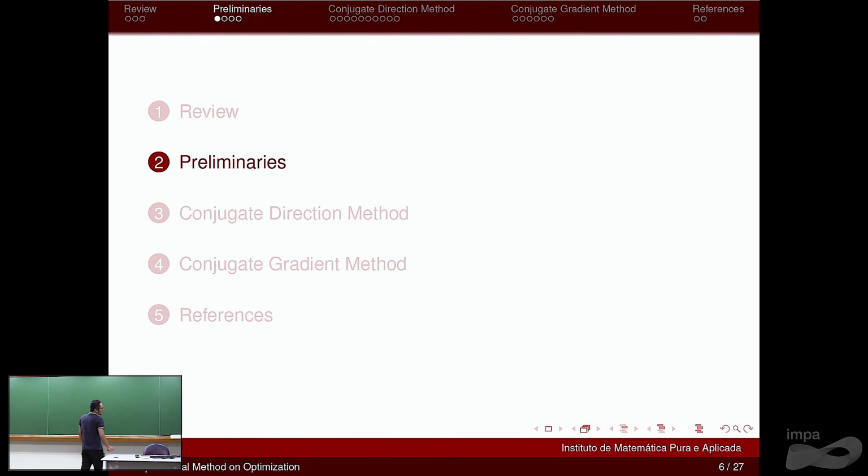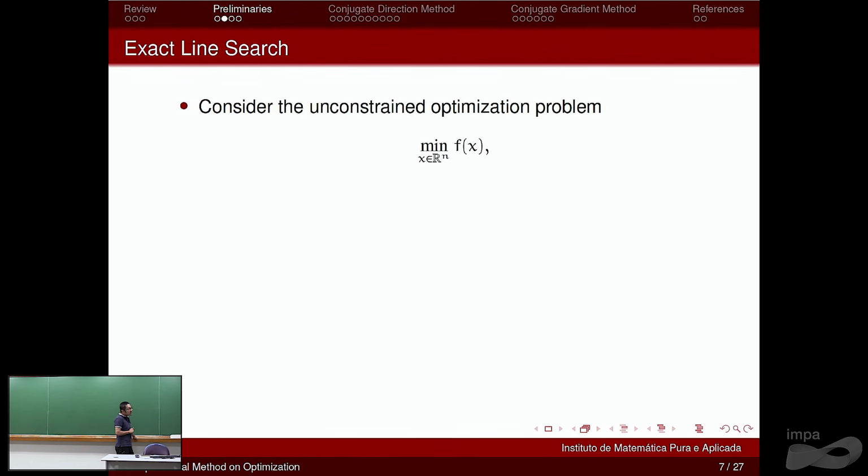So before we go to the method, we will introduce some preliminary results. The first is exact line search. Let's recall what we have discussed about line search in the gradient descent method. Actually, we didn't introduce any exact one.